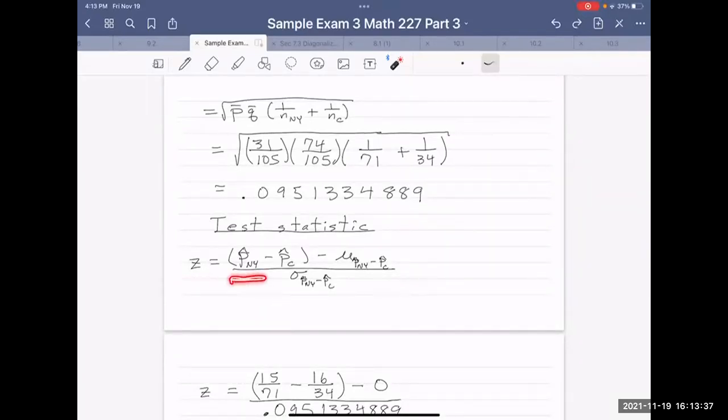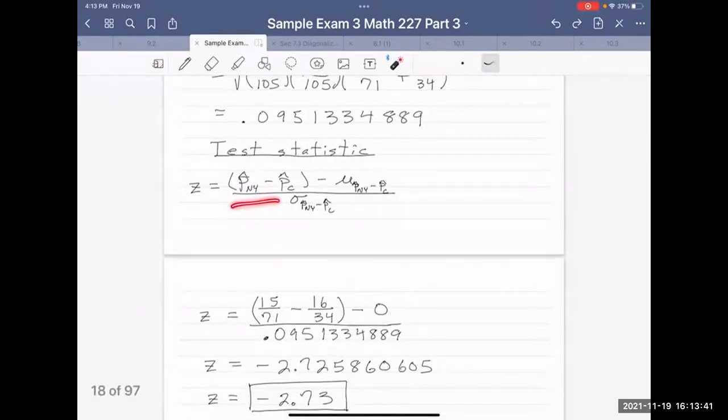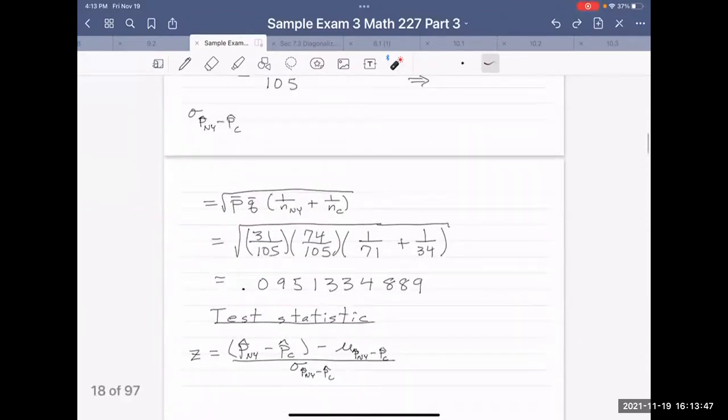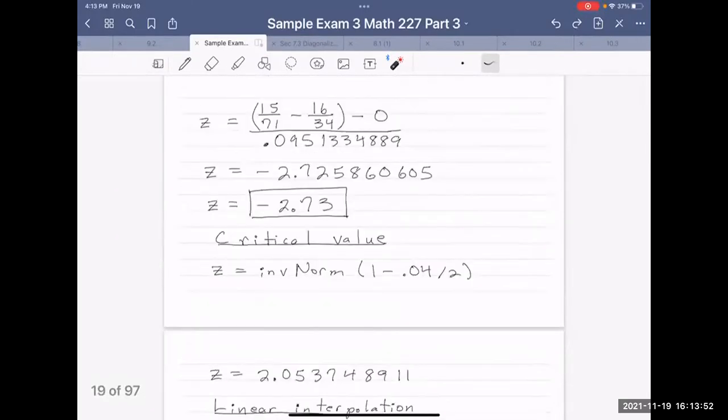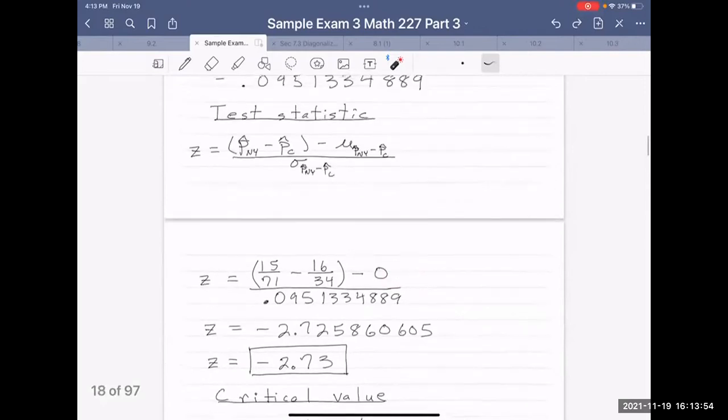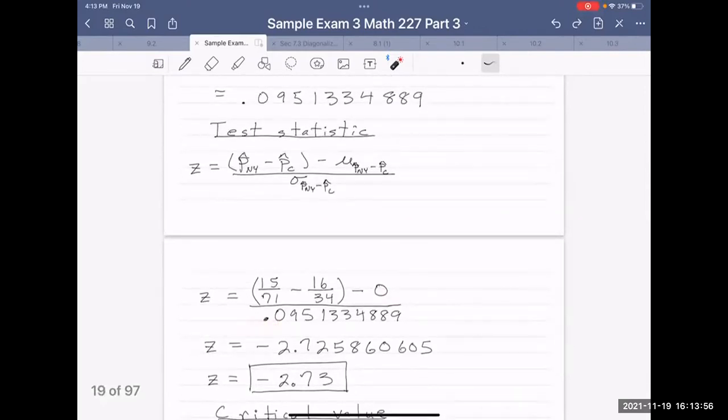So my test statistic, z equals x minus mu over sigma. So the difference in the proportions for New York and California: 15 over 71 minus 16 over 34, minus mu, which is assumed to be 0, divided by the standard deviation sigma, which is 0.09513348889.